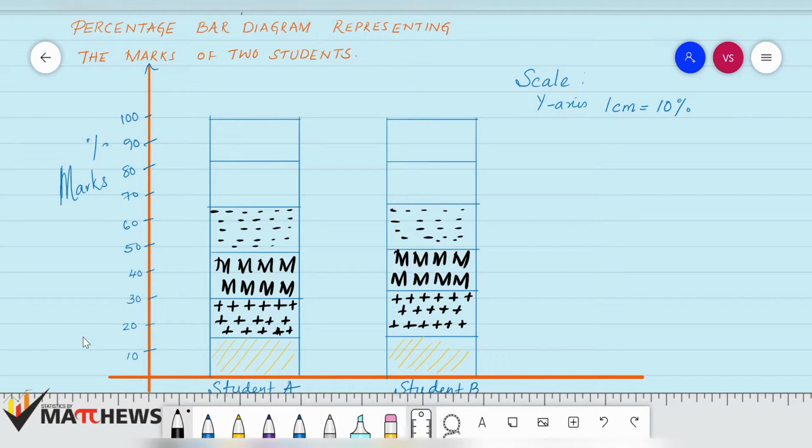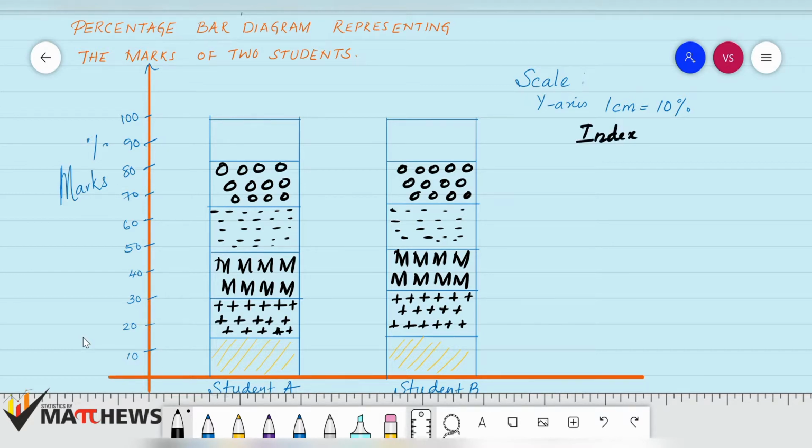Then I will make circles. These are all designs, or shades, we can take. The last one will be left blank. So you can start writing the index.